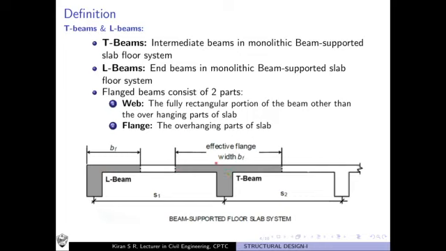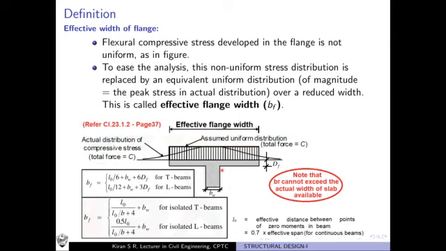How much extent of the slab is associated with this flanged beam, we don't know. And we don't have to worry, we have code provisions associated with determining the effective width of the flange, and before which we need to know how it is going to be determined. So just a curiosity.